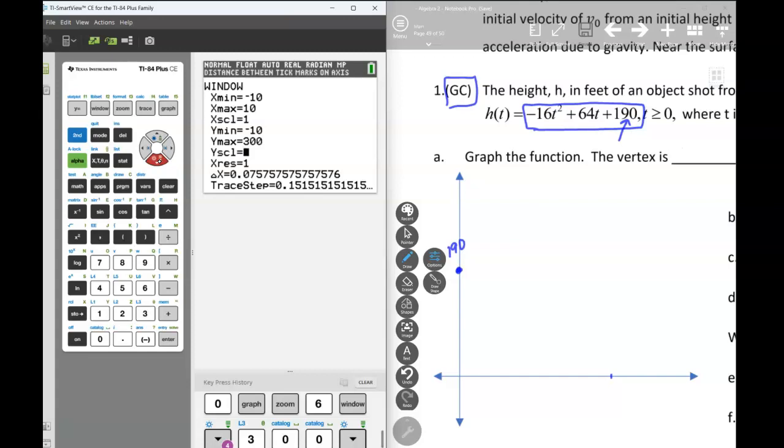If you're going from negative 10 to 300, should you be going by ones? What do you want to go by? I'm going to go by 50s, but you can go by 10s or 100s or anything like that. So right now your window should say negative 10, 10, 1, negative 10, 300, 50, 1. You never mess with the X res, okay?